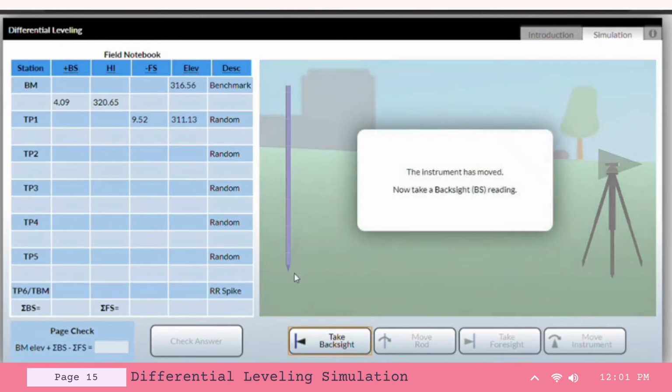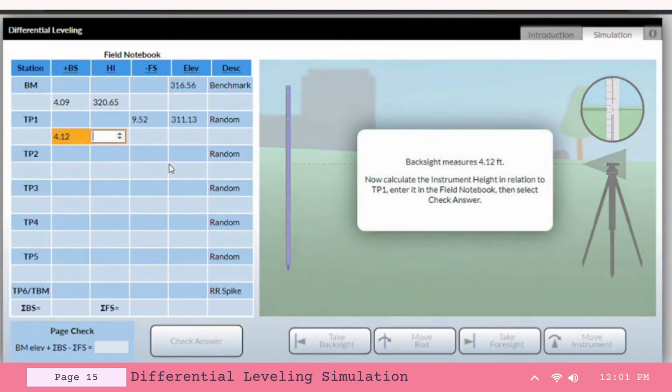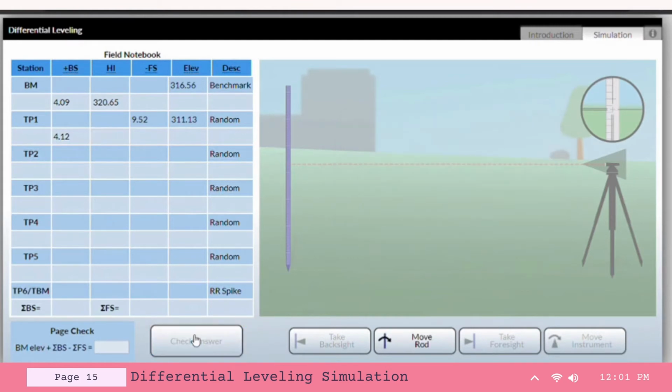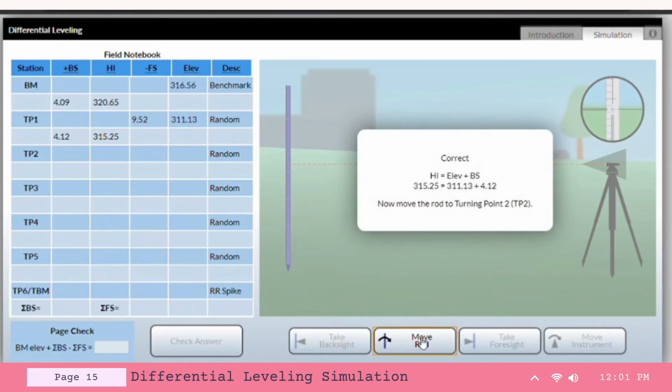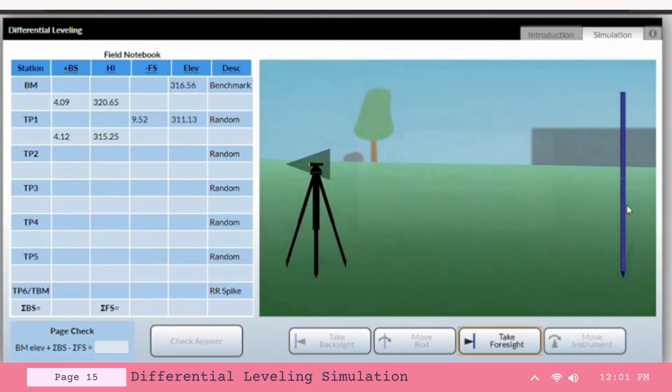Since the elevation for turning point 1 is already known, we take a backsight. So 4.12. Again, we calculate the instrument height. We just add 4.12 with the elevation, which is 311.13. So 315.25. Check answer. Correct. Now move the rod. This will be turning point 2.